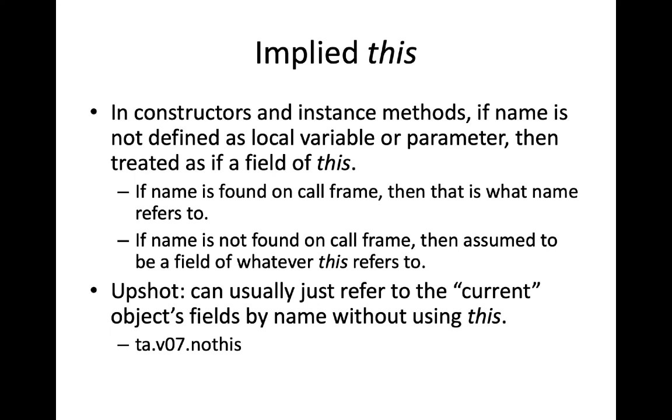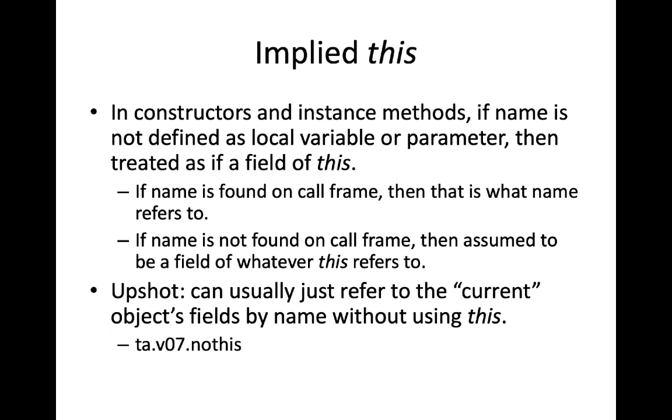So usually, if we use a name that has not been declared as a parameter or as a local variable, that's an error, right? That's a problem. That name is not in scope. There is no corresponding name in our call frame.